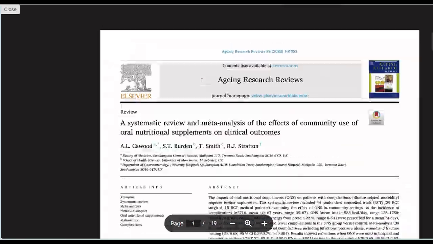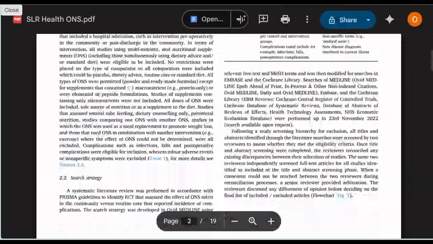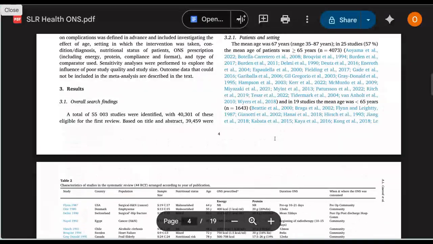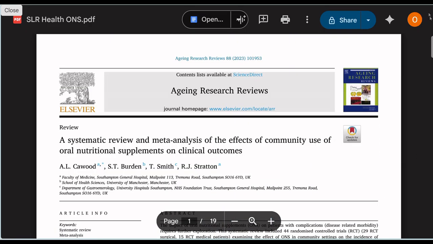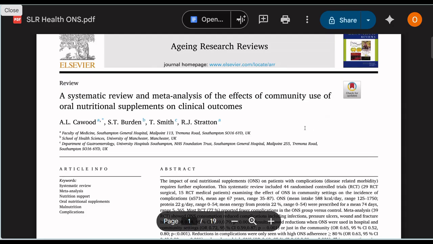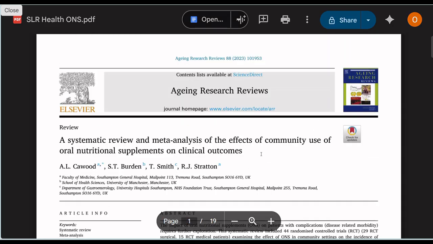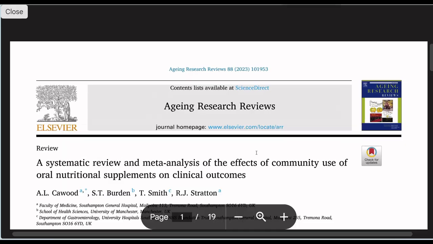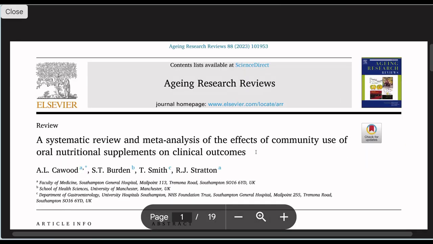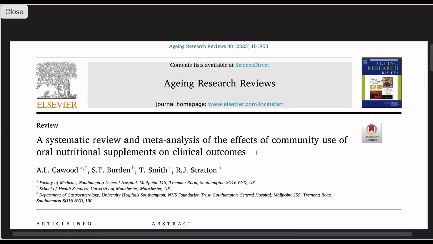There is a study that I'm trying to share with us now. Let's look at this study, for example. It is a systematic review and meta-analysis of the effect of community use of oral nutritional supplements on clinical outcomes.